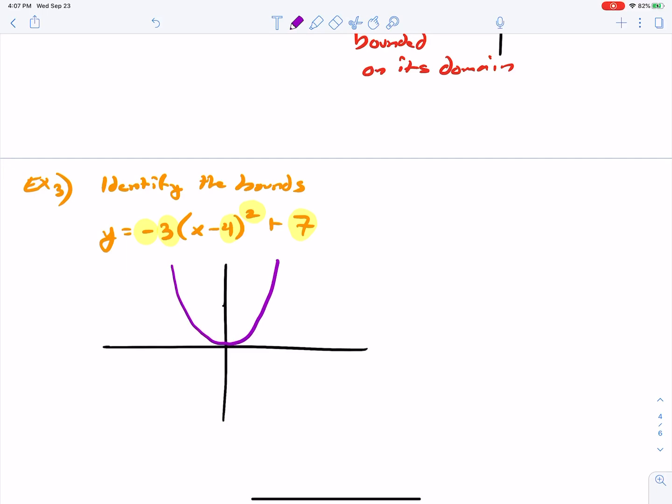Okay, this is my parent function. I know that I have to reflect it because of that negative. I know that that 3 will make it more narrow, a vertical stretch. So I got something that looks like this. And I know I have to move it 4 units to the right and then up 7 units.